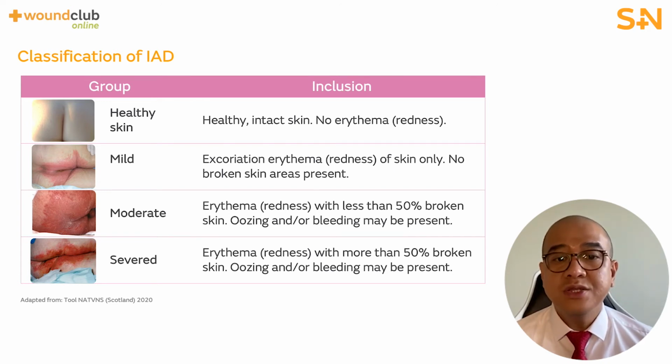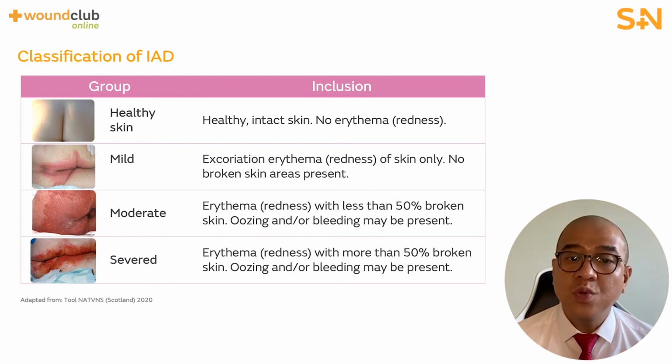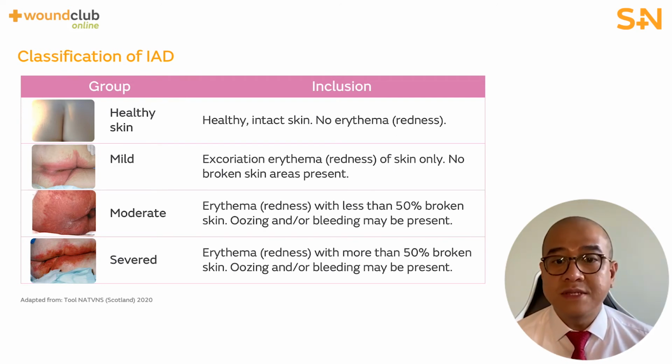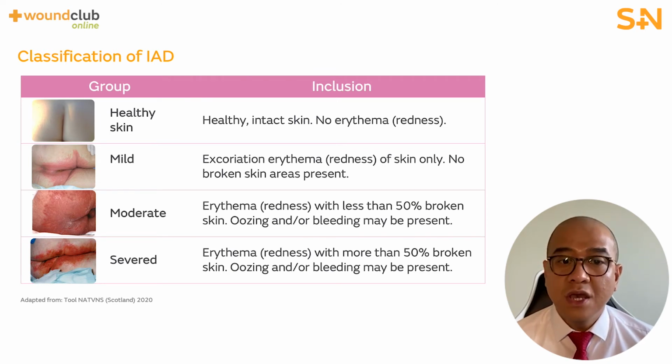Now, the National Association of Tissue Viability Nurses in Scotland have developed a useful excoriation grading tool for IAD to help clinicians adopt a consistent and accurate approach in the assessment and management of patients with IAD. This classification tool, or table, that you can see on your screen now is an adaptation.